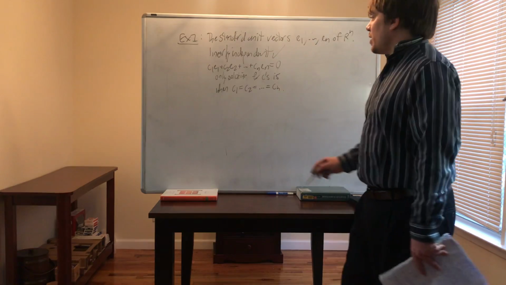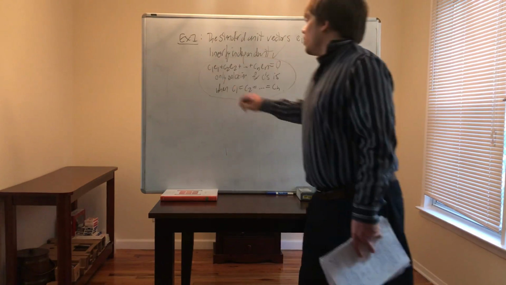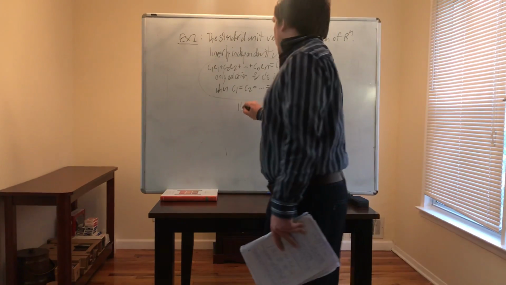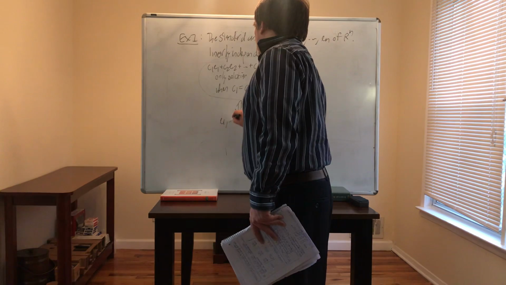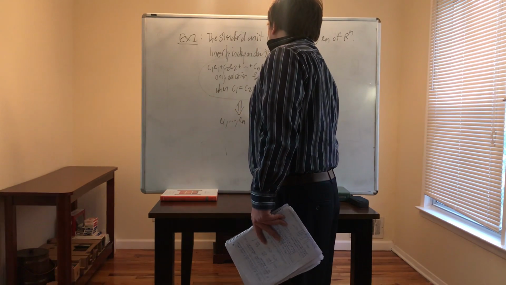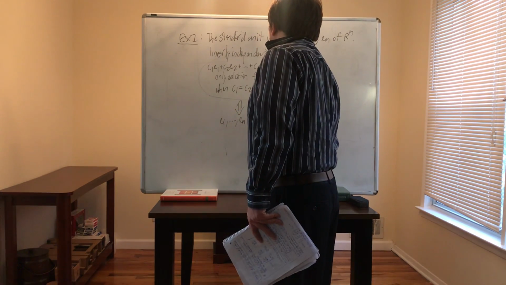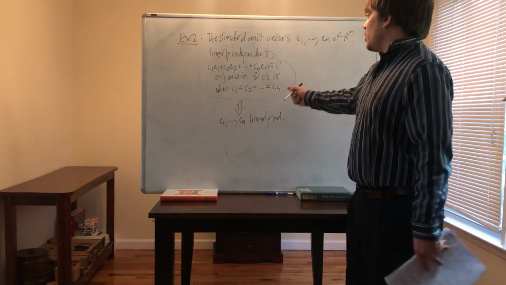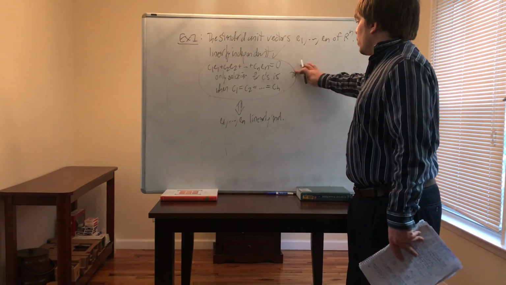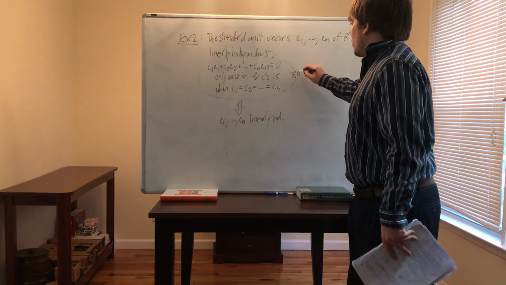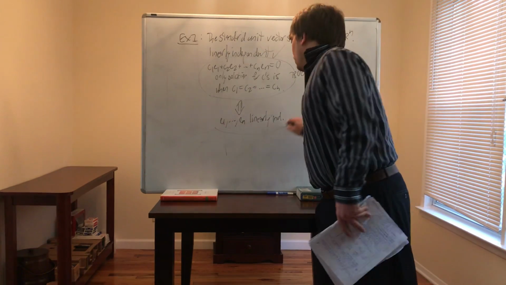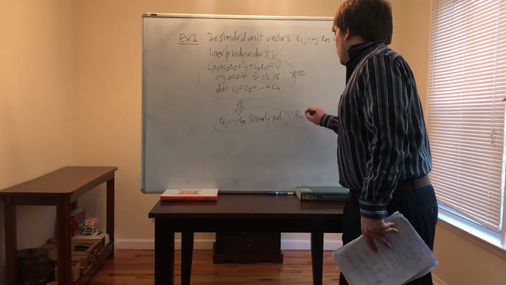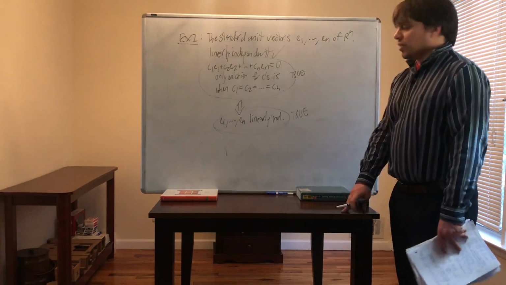So saying that equation only has solutions when all the c's are zeros is equivalent to saying that e1 to en are linearly independent. And since it's true that the only solution to that equation is when all the c's are 0, then since they're logically equivalent, they have the same truth value, it's true that e1 to en are linearly independent.